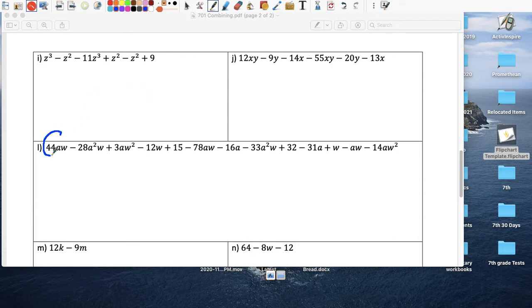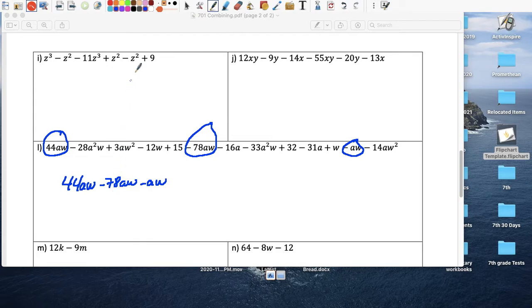So let's look for anything that's aw, just aw. These are aw's. Okay, let's do aw. Anything else aw? Yeah, there's one more here. So 44aw minus 78aw minus aw.